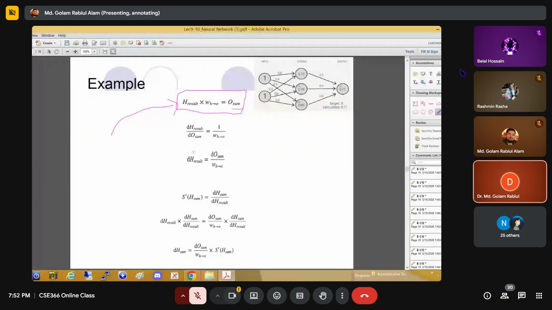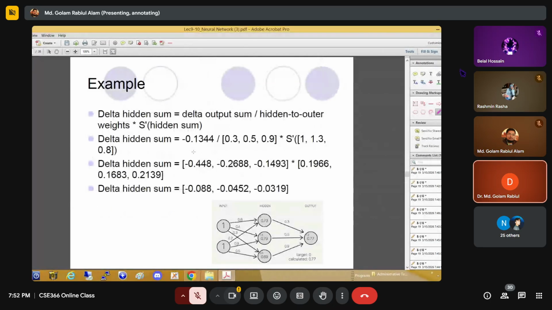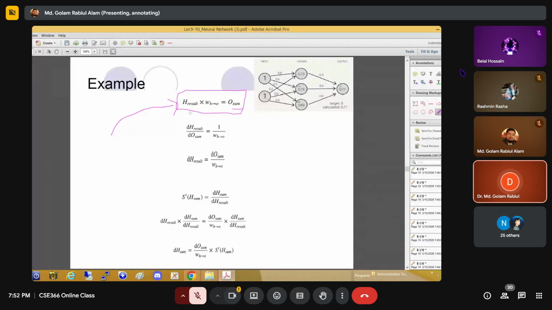So here, hidden results times WHO equals output sum. Now, previously we have derived this equation. We have taken the derivative of this equation with respect to W.